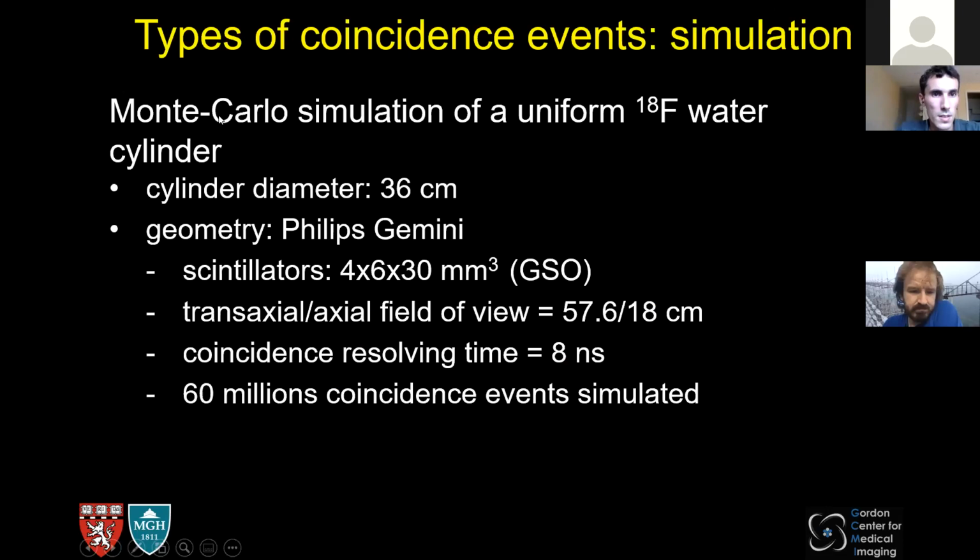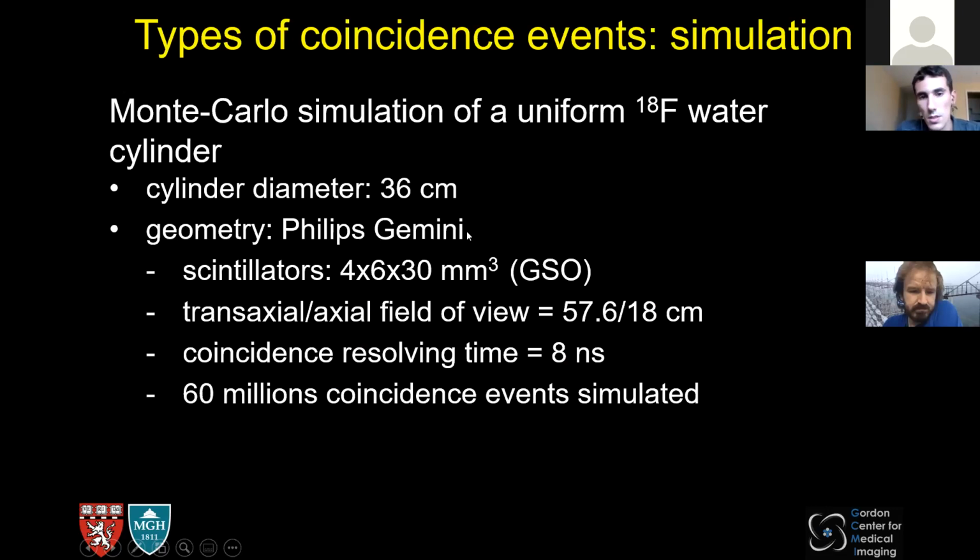Here what I've done is simulate a uniform water cylinder filled with fluorine-18 using one of the simulation tools. The diameter of the cylinder is about 36 centimeters, which would typically mimic a patient. The PET camera that was simulated is a Philips Gemini.